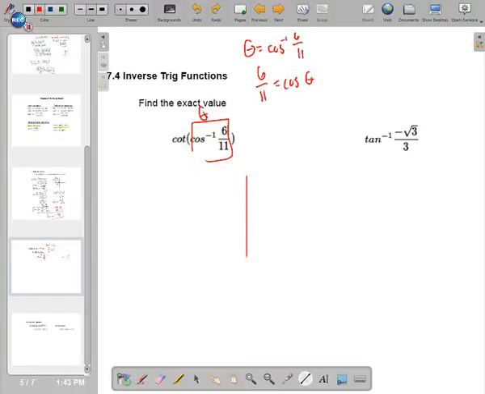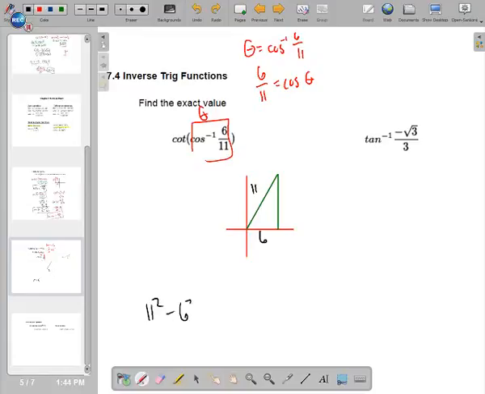The reason that helps you is because now I can say, oh, if cosine is 6 over 11, and I'm doing an inverse cosine problem, so I have to be in the first or second quadrant. So if cosine is 6 over 11, that's 6, and that's 11. So I can use Pythagorean theorem to find the missing side.